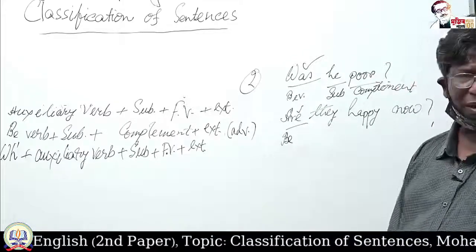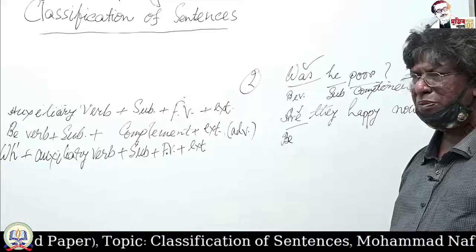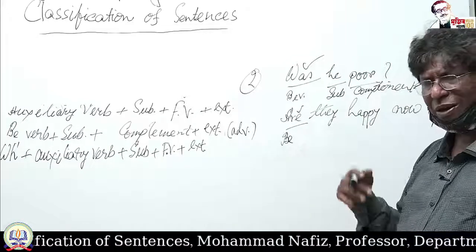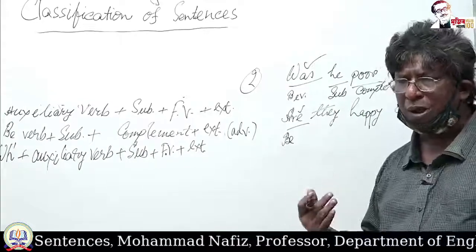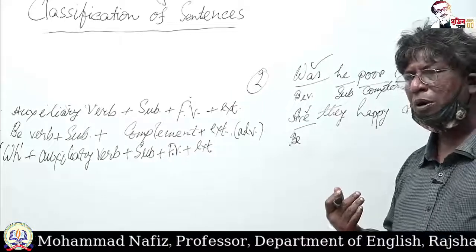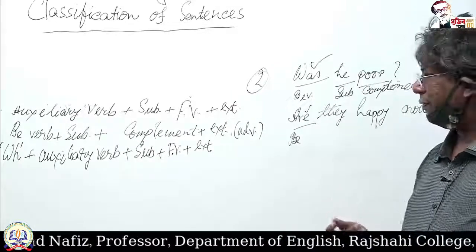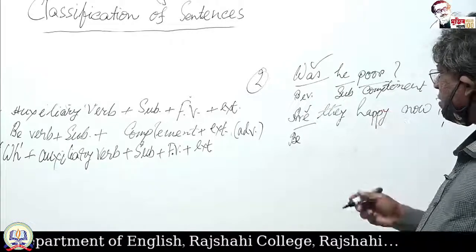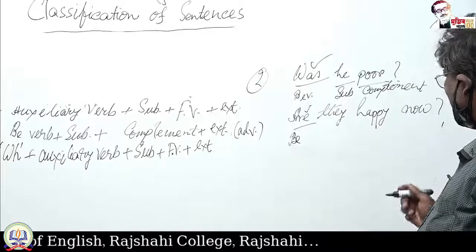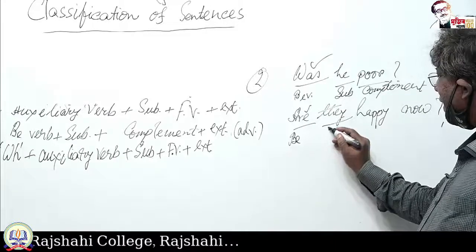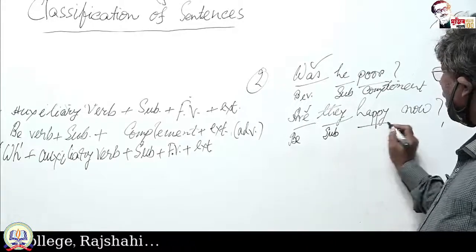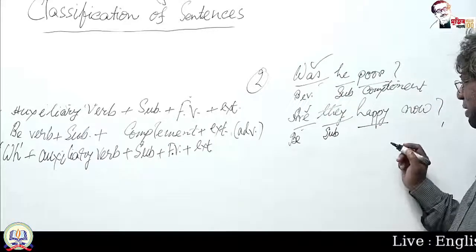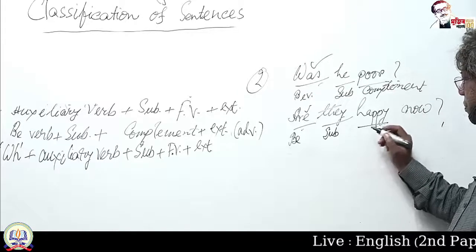Without a finite verb, we cannot think of the existence of an auxiliary verb. In fact, auxiliary verbs are used only to determine the tense form of the finite verb. Therefore, in sentences like was he poor or are they happy now, we do not have any finite verb, and thus was or are are used as the be verbs.